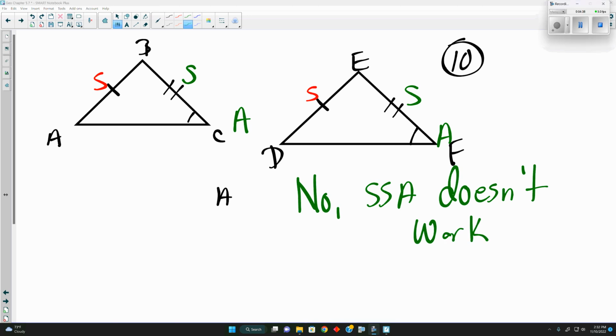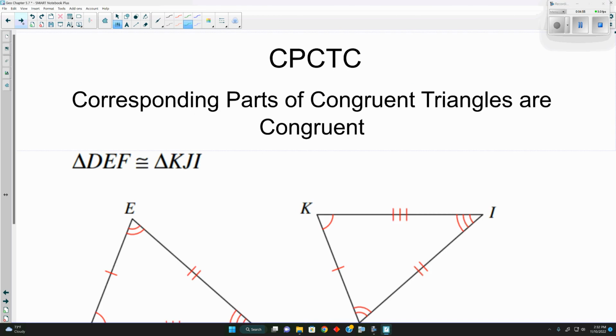For number 6, I'd go on and set it up, see if it's side, angle, side, angle, side, angle, and see if they match. All right? If you have more questions on it, we can look at it here in a little bit. So we'll look back at it, but again, set it up and see does it match and do they follow the same order. I got yes, by SAA.